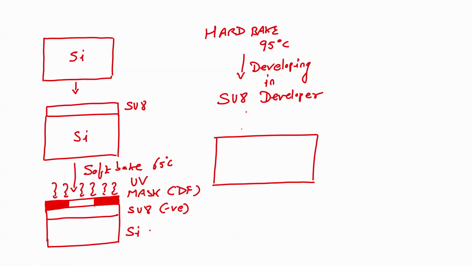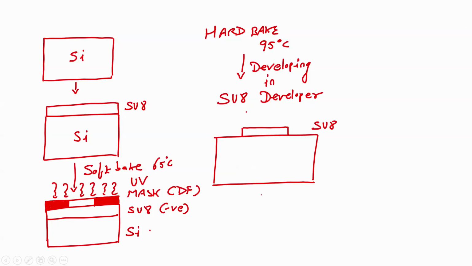You get SU8 like this. Why? Because it is a negative photoresist. The area which is exposed will become stronger, the area which is not exposed will become weaker, right.